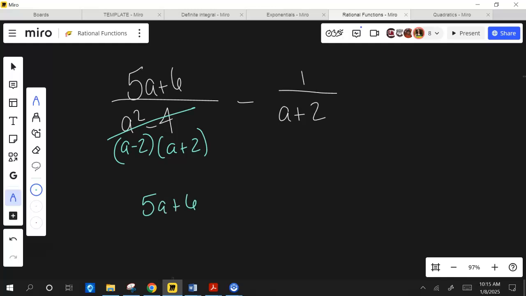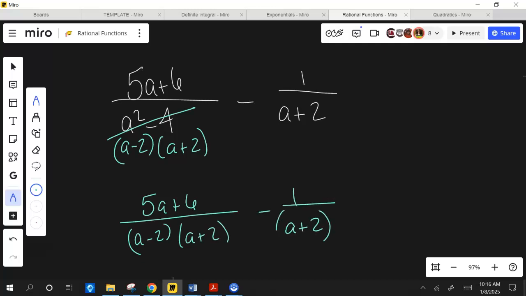5a plus 6 over a minus 2, a plus 2, minus 1 over a plus 2. I'm going to have to make them look the same. Okay? The bottoms must match. What can I do to make them match?